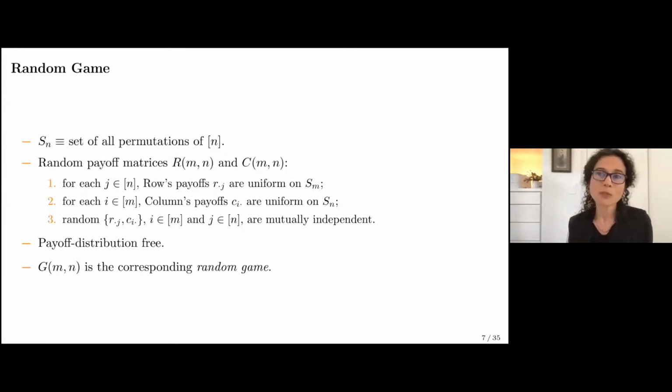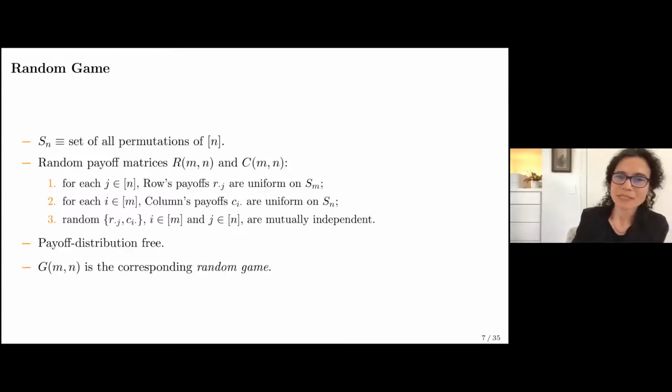And what we're assuming is that we have this random selection of columns and rows for our players, which are mutually independent. So going back to Pradeep's question, this is basically a uniform random distribution over the ordinal characteristics of the game.